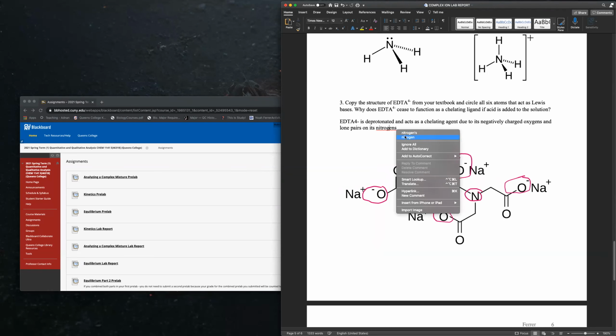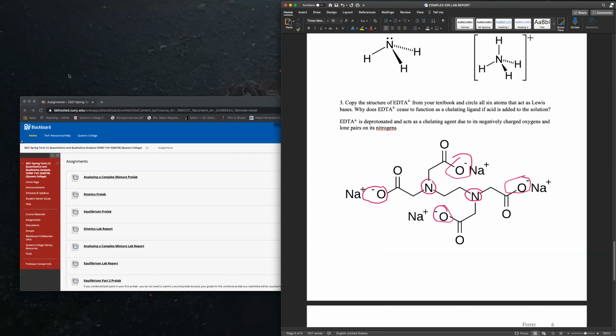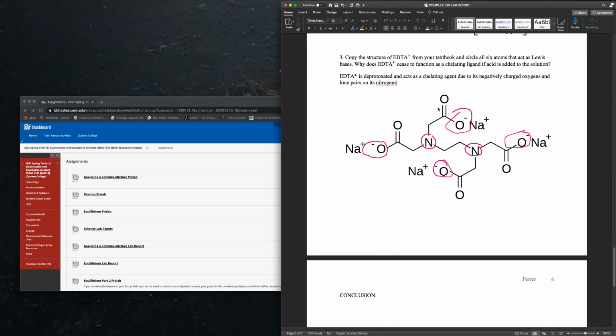Therefore, it would no longer act to chelate. Yeah, maybe write nitrogen atoms, I guess, to the nitrogens, but yeah.